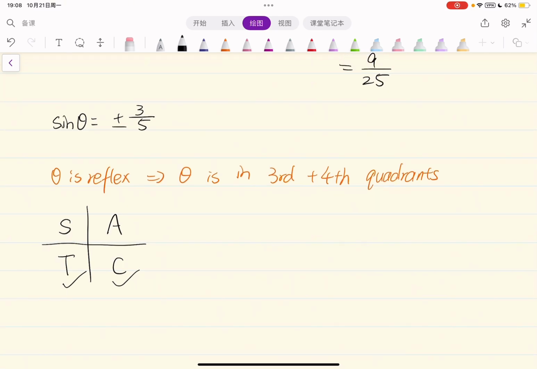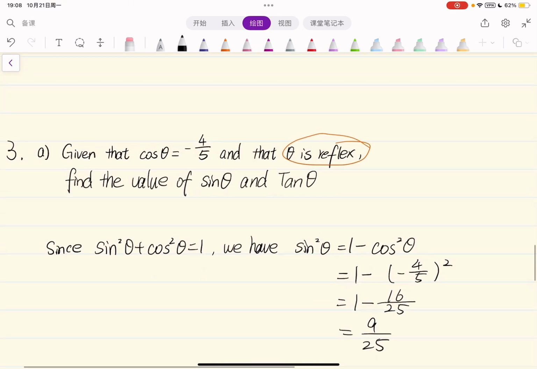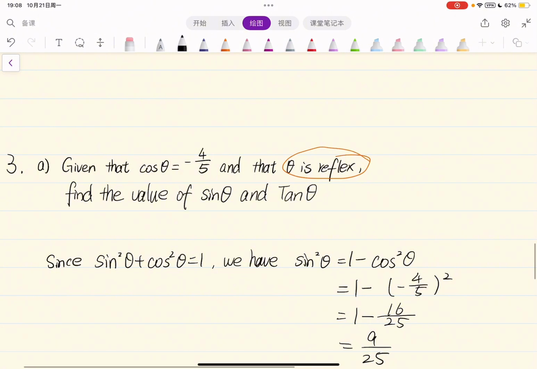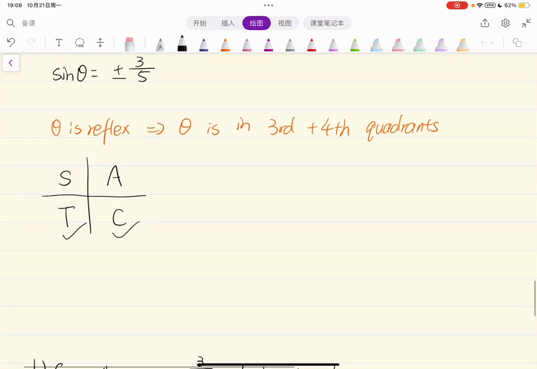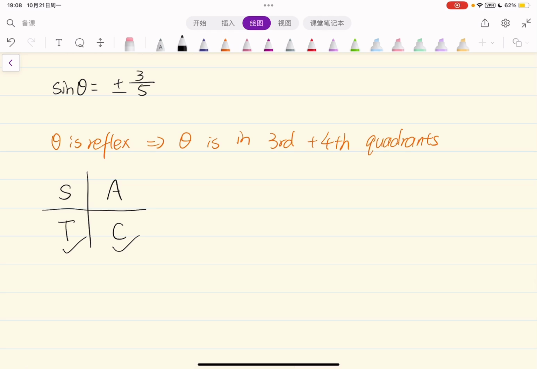From the question, we know that cosine theta equals minus 4 over 5. So cosine theta equals minus 4 over 5, that is negative. So it is impossible for theta to be in the fourth quadrant, since in the fourth quadrant the value of cosine theta should be positive.